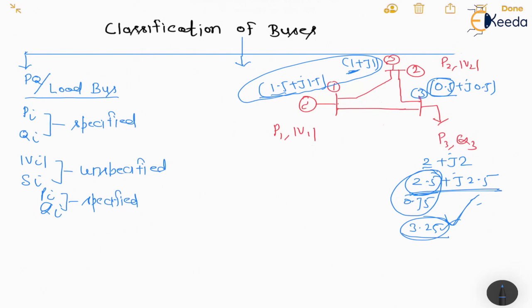So if this will become 3.25, the load and losses, and this was 1.5 plus 1, and still it is become 2.5 because it has not the prior information that the exact amount of load will changes. So this will become 1.5 plus 1, so this will become 2.5, and it still we can see that the difference between 3.25 minus 2.5 is still, so the delta will be changed and delta will be calculated. This means delta will be unspecified. In the same way, Vi will be unspecified.